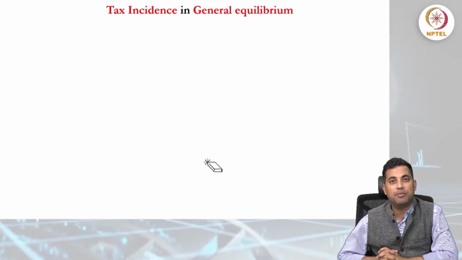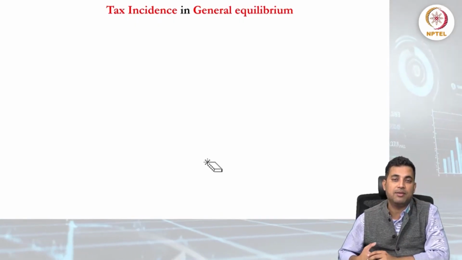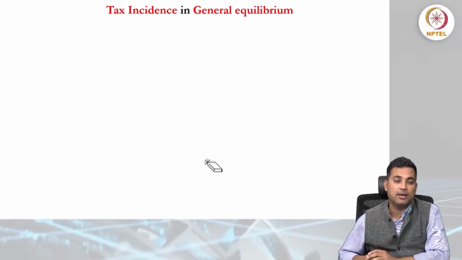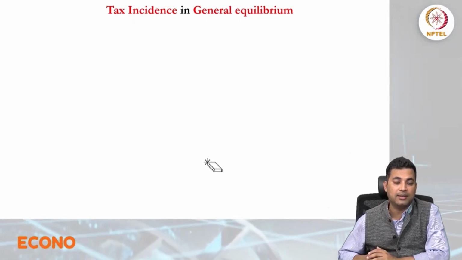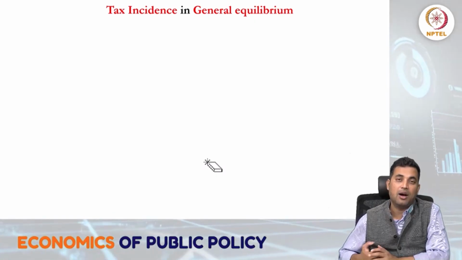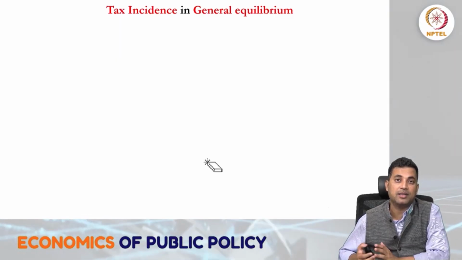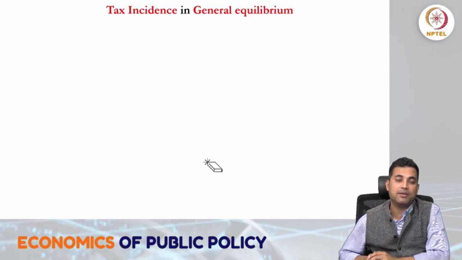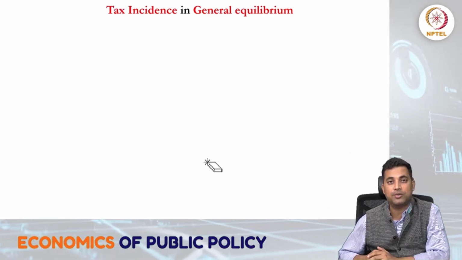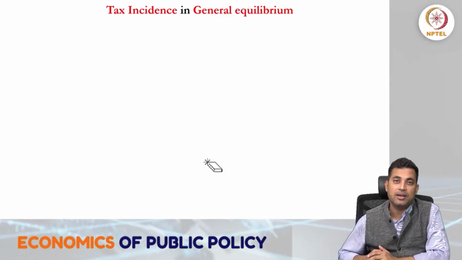Partial equilibrium deals with only one commodity in one market at a time. General equilibrium is about how different markets interact with each other, and in the case of the Edgeworth box diagram and Pareto efficiency, we spoke about general equilibrium.